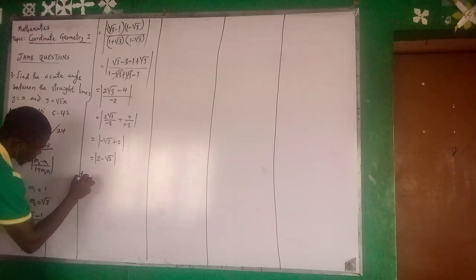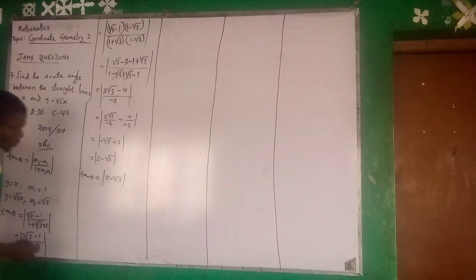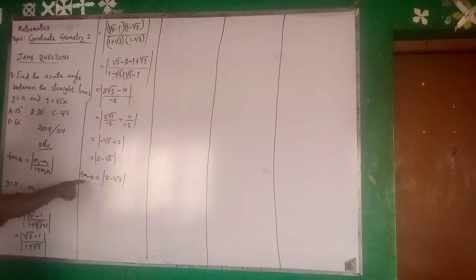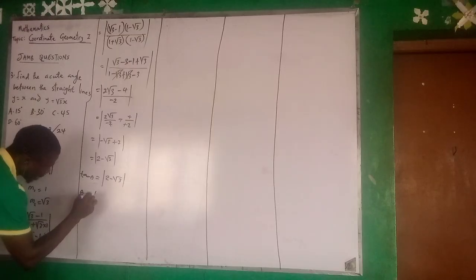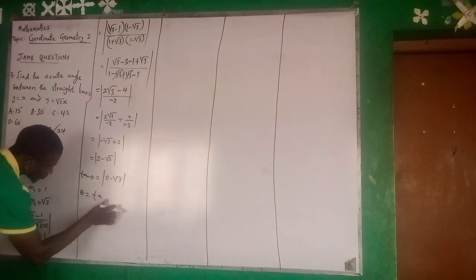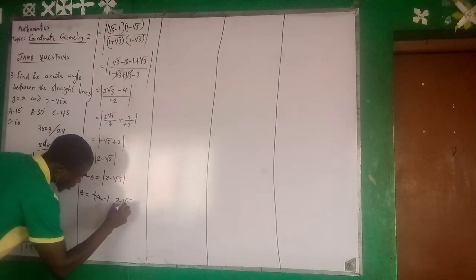Then at this point, you know that this is tan theta. Tan theta is equal to the absolute value of 2 minus root 3. Now, to get theta, it becomes tan inverse of 2 minus root 3.